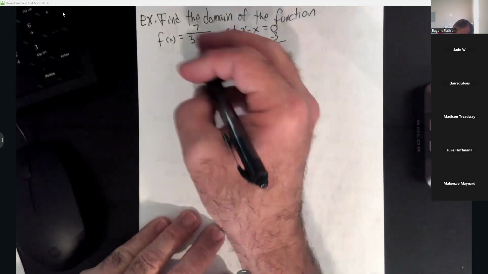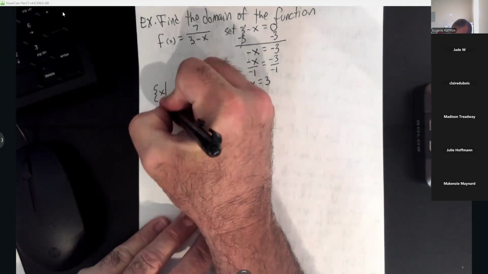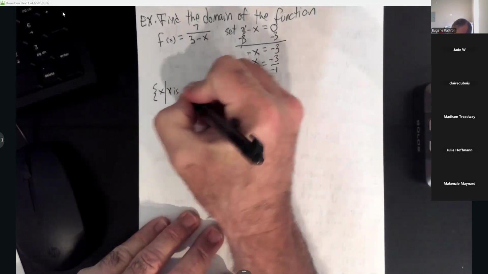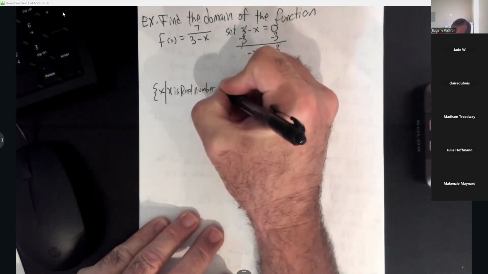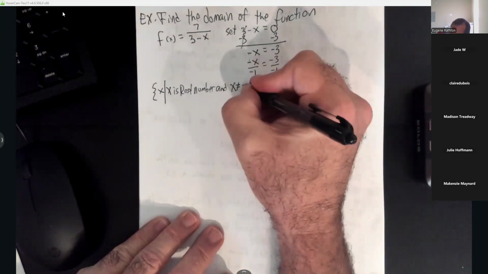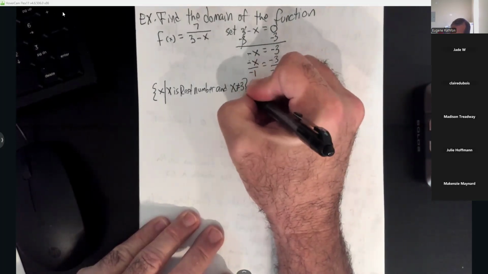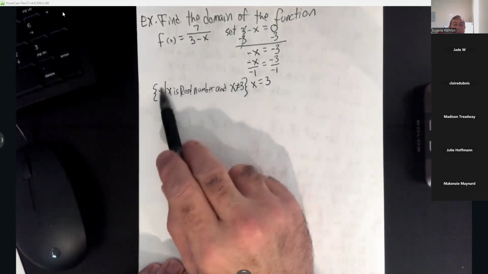So my domain then would be x such that x is a real number and x cannot equal a positive 3. Okay, so that's how you're going to put the answers in.